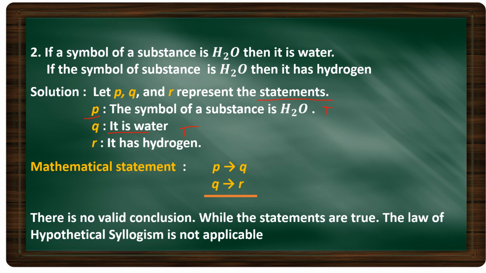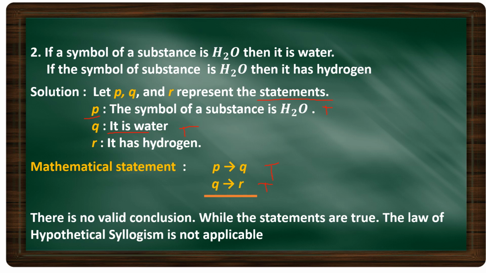Then, we have here, for our next statement, it has hydrogen. Ang water naman po talaga merong hydrogen. Kaya lang hindi naman in-identify kung ilang hydrogen po ang kailangan to have our water composition. So, ang mathematical statement natin is, if P, then Q is true. Then Q and R is also true. Kaya lang, ang sabi niya, there is no valid conclusion.